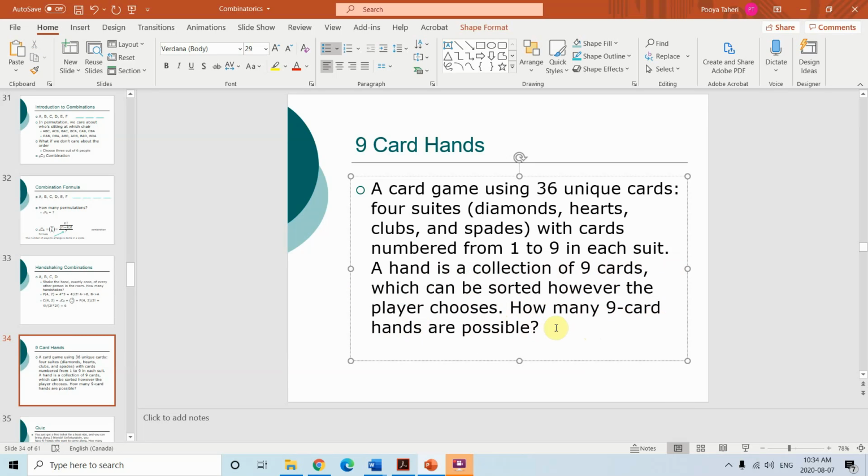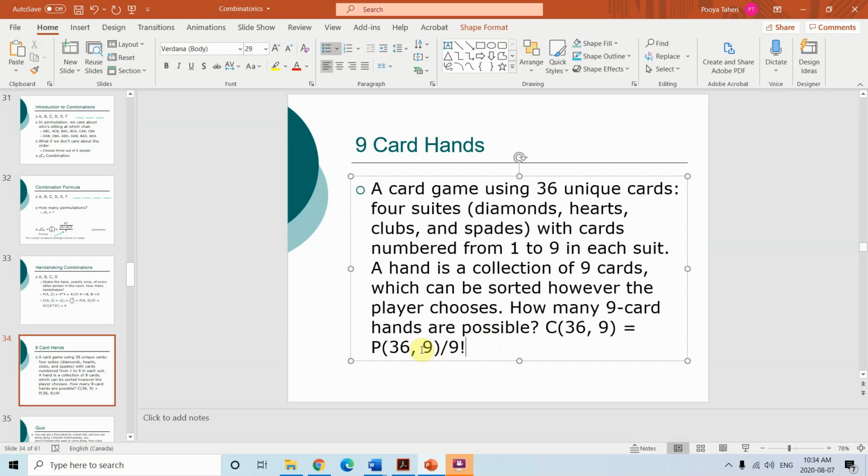So this is basically choosing 9 cards out of the 36 cards that we have, right? It's going to be equal to the permutation of 36 cards taken 9 at a time, divided by 9 factorial. Why? Because for each hand, the cards can be sorted in 9 factorial different ways. In combination, we don't care about the order of that sequence.